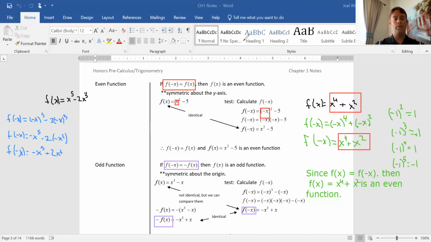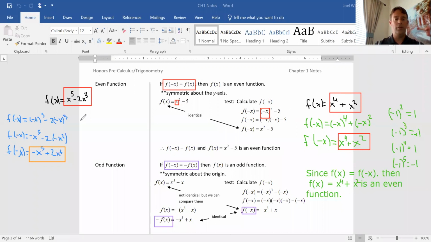So now we compare. That was the original function, and here's what we got here. Notice, not the same. Positive x to the fifth, negative x to the fifth. Negative 2x cubed, positive 2x cubed, not the same. So it wasn't even. So now we check to see if it was odd.